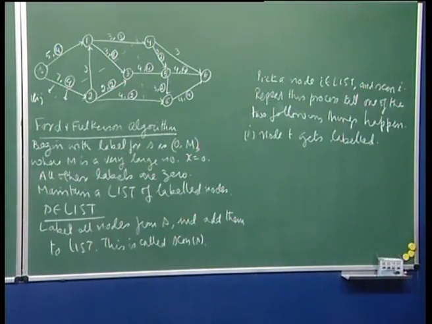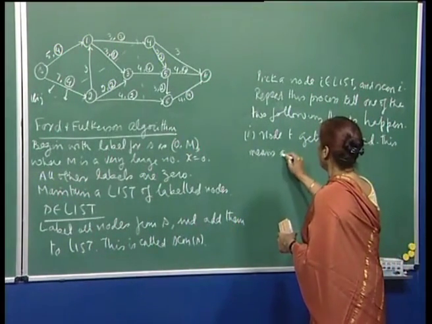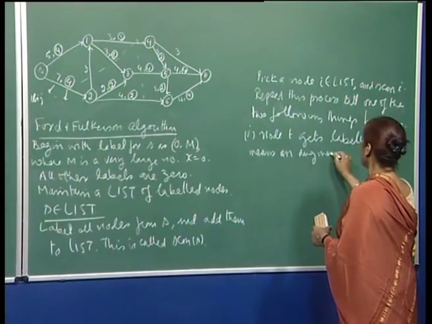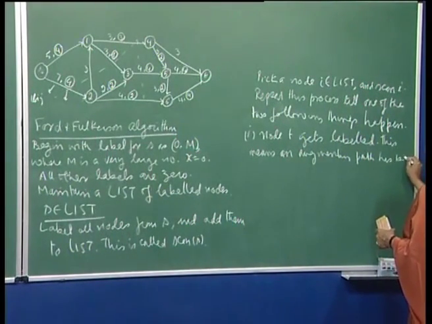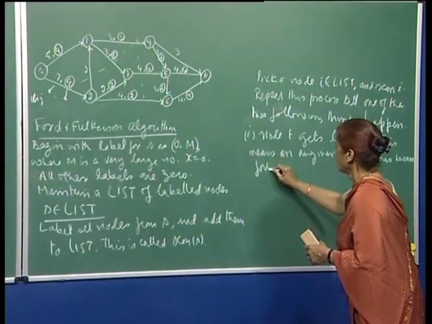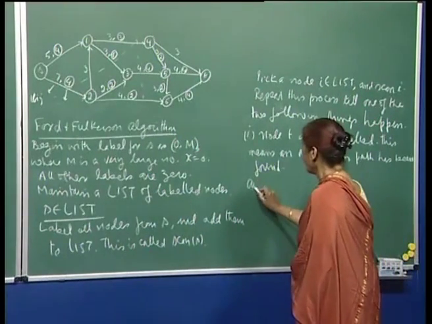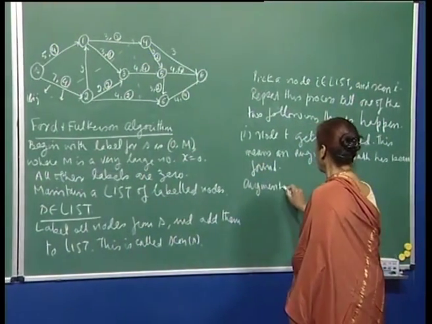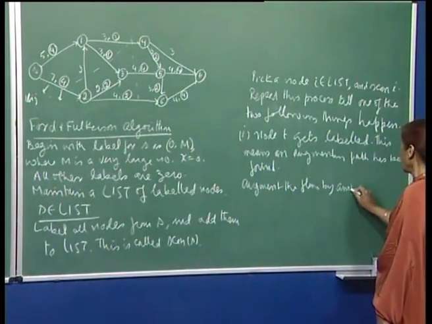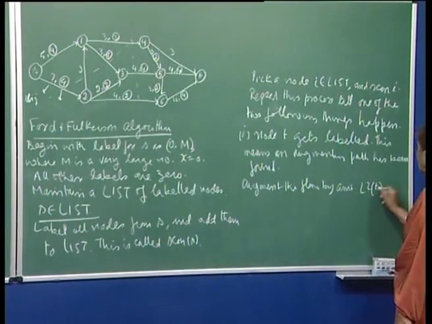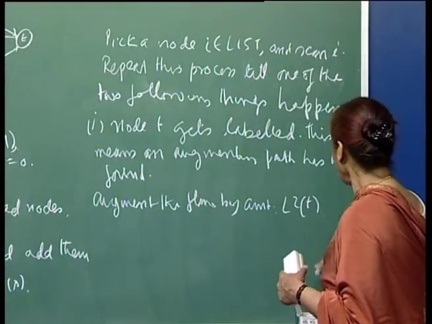This means an augmenting path has been found, and so augment the flow by amount L to T. Remember, the second number indicates the amount of flow that can be sent from S to T. So augment the flow by this amount.